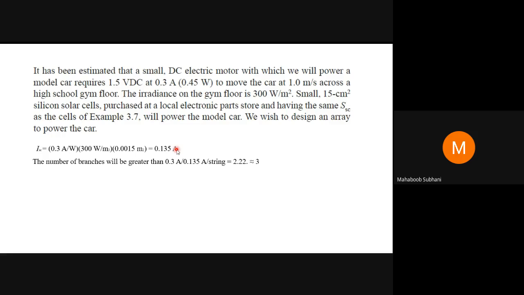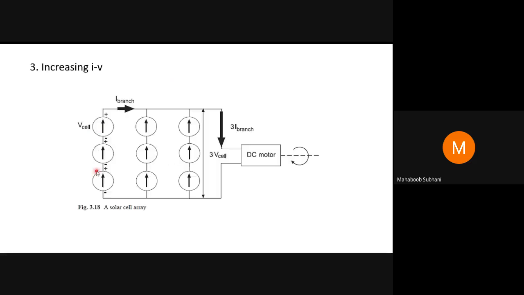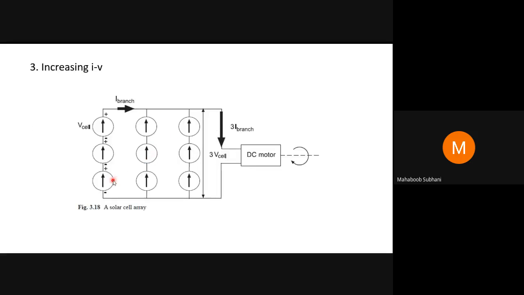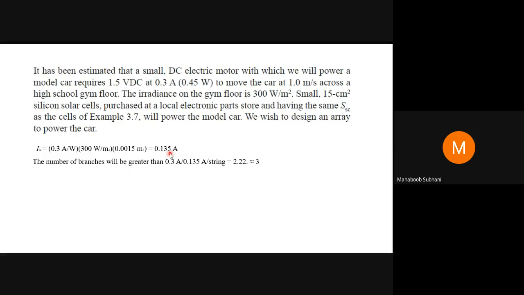Now how to get this? We have to meet the 0.3 A value. This cell produces 0.135 amperes. If I multiply with 2, I get roughly 0.27, which is also less than 0.3 amperes.